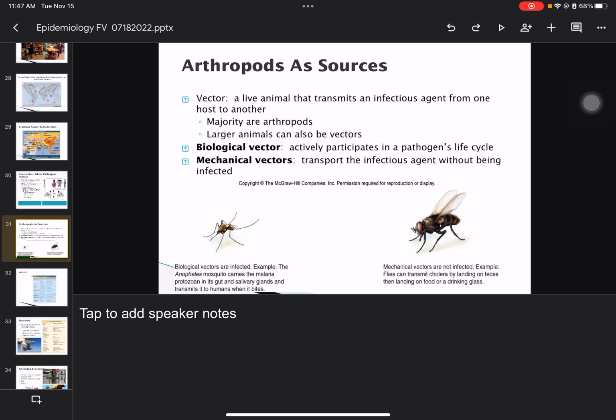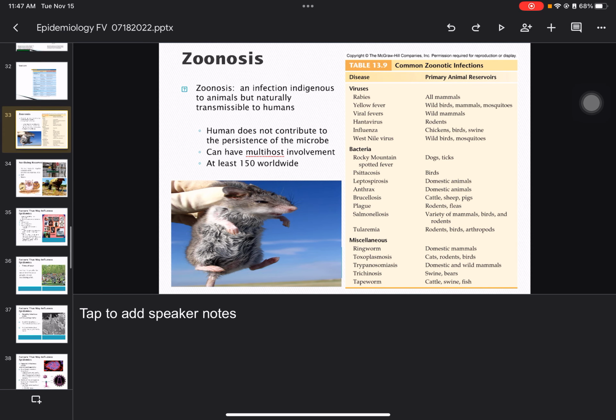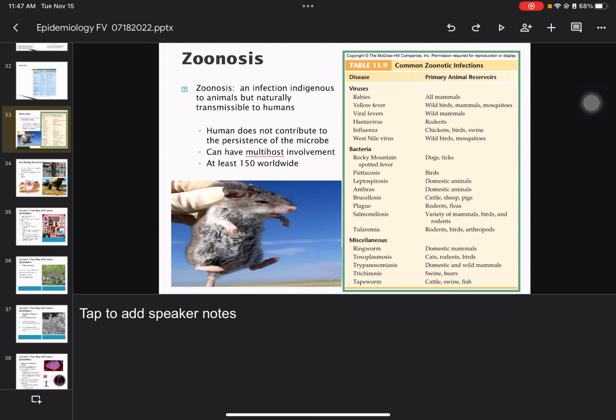And then zoonosis is a transfer of infectious agents from animals to humans. Zoonosis is singular, zoonoses is plural. I don't expect you to know all of these, but I do expect you to know that a zoonosis is an infection from an animal to a human.